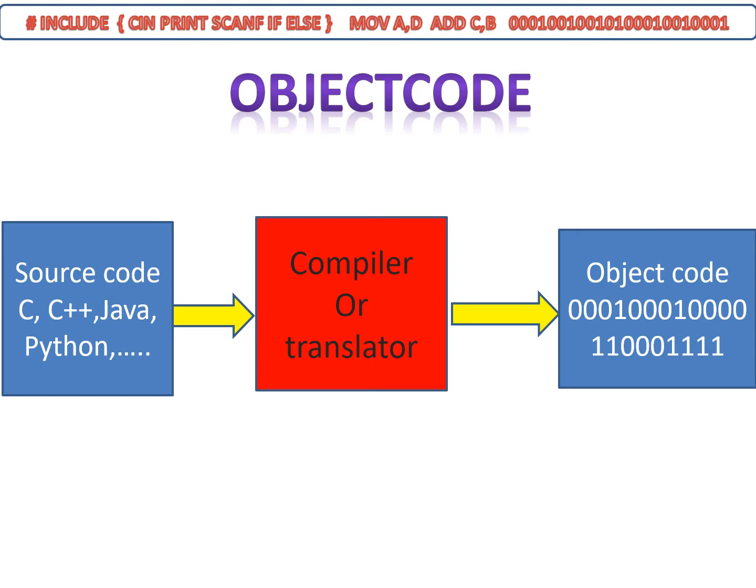The output of a compiler or assembler or a translator is not necessarily executable directly without linking into other modules. So the object code is also in the form of binary, but only after linking can it be executed by the CPU. It is a form like machine code, but machine code is directly understood or executed by the CPU, whereas object code has to be linked with other modules to get executed by the CPU.